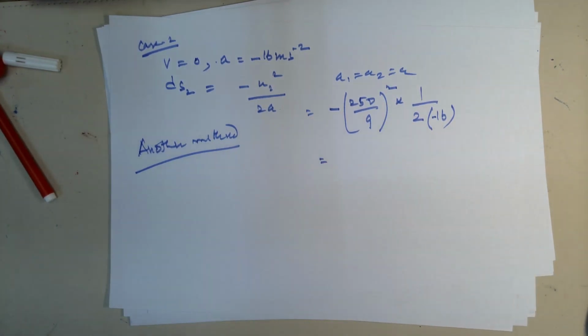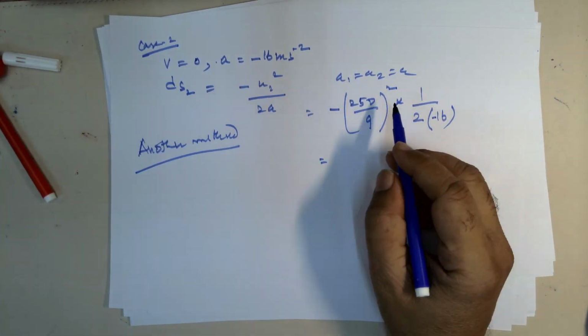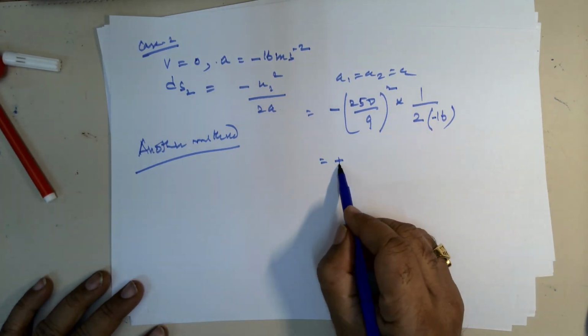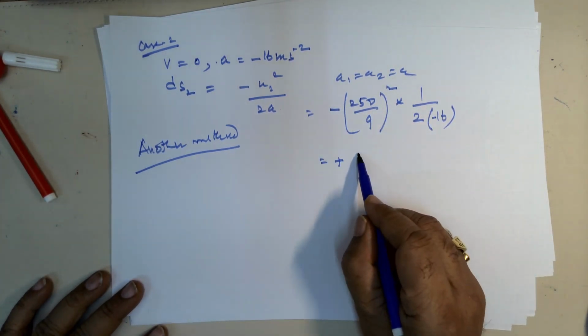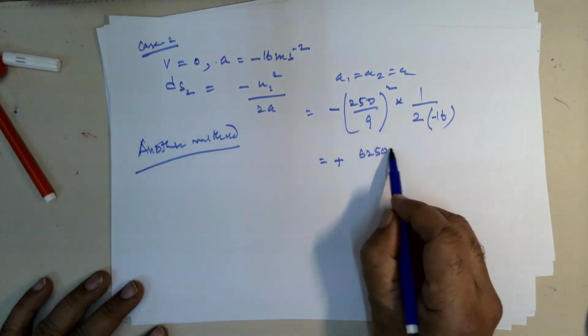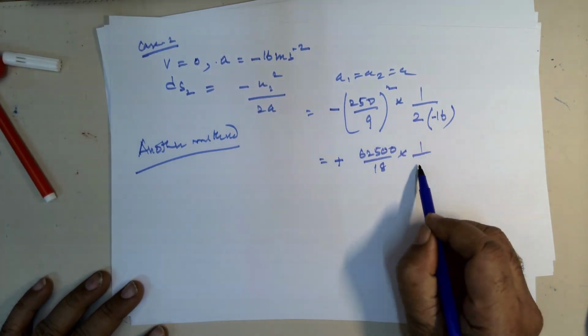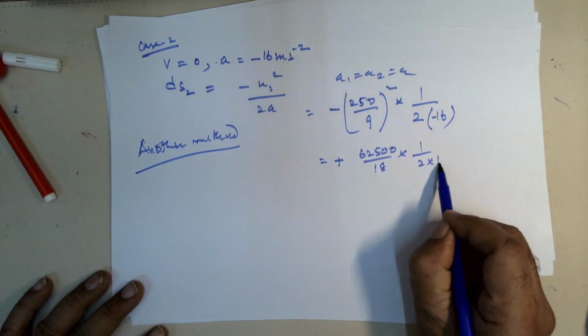Now tell me the answer. That is 250 into 250. How much? This minus of minus is plus. And 250 squared means 62500 divided by 81, not 18, because 9 squared is 81. Into 1 by 2 into 16.